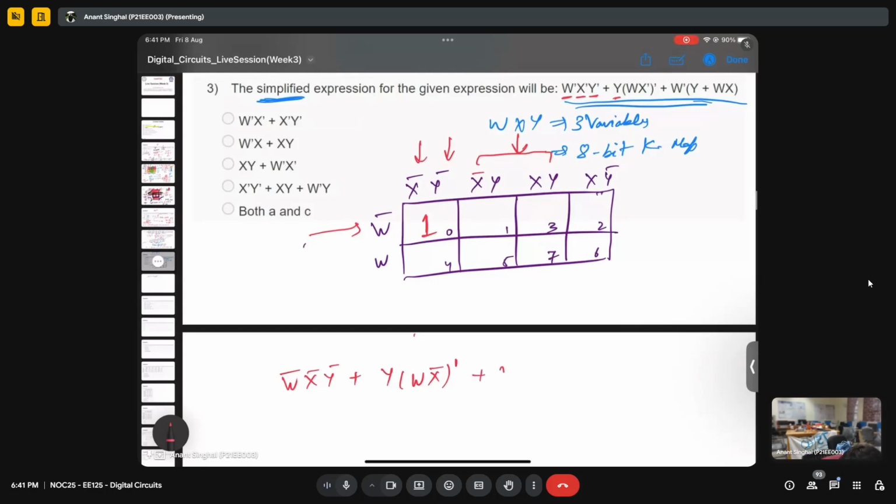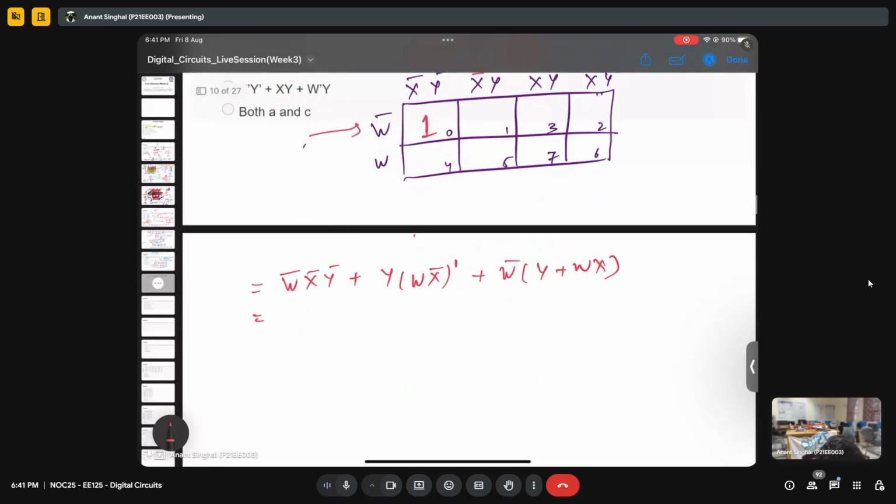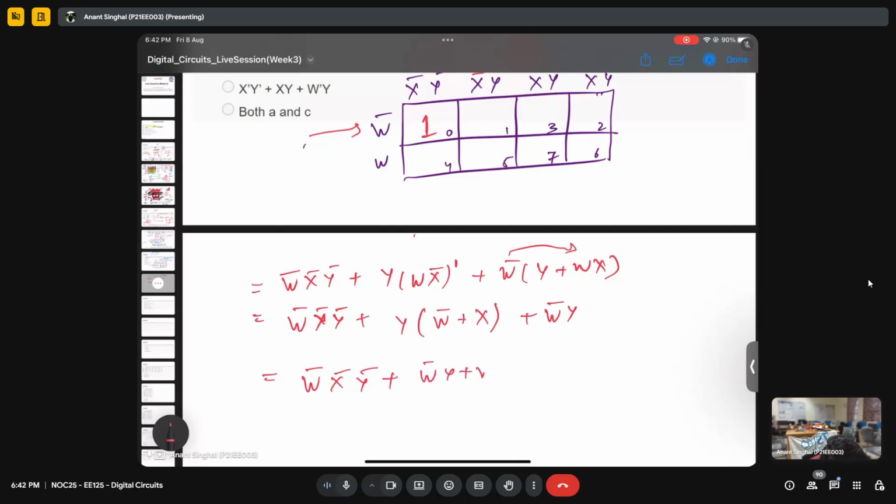The third term is W complement Y plus W X. So the first term remains the same. The second term will be Y, then this will be W complement plus X using De Morgan's law. Then we have W complement Y, and W complement W will be 0, so I'm not writing that term. So this will be W bar X bar Y bar, this will be W bar Y plus W X. This term is this W bar Y, so this is repeated actually, and we can ignore it. So this is the final thing.